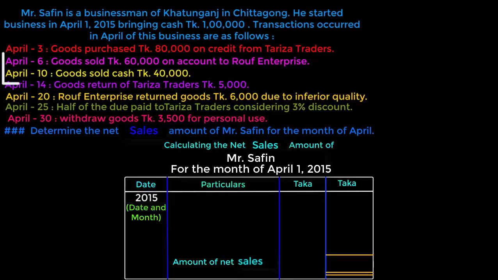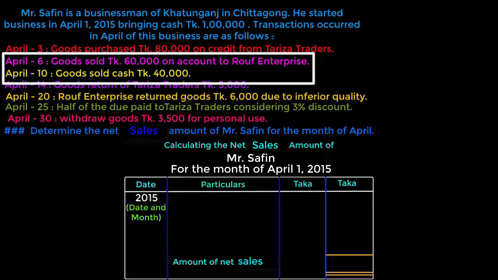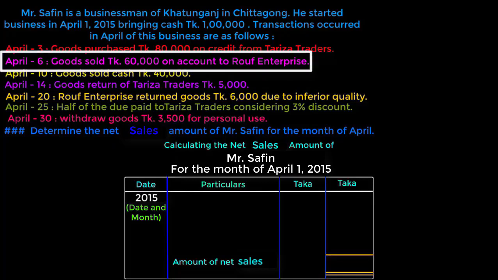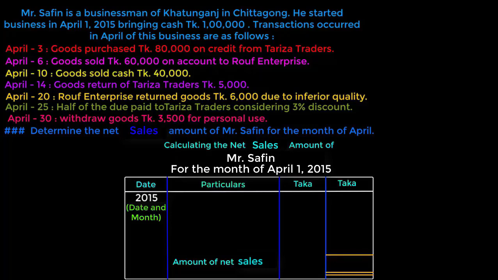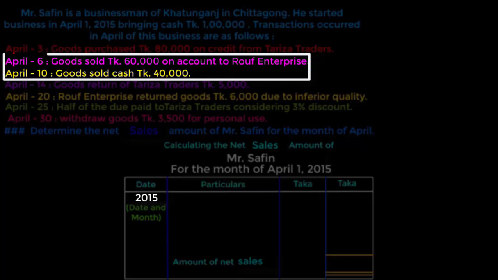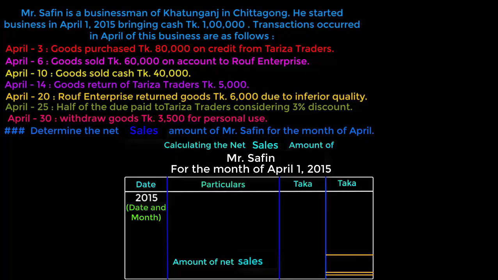Now look at these two transactions. On April 6, goods sold taka 60,000 on account to Rauf Enterprise. And on April 10, goods sold cash taka 40,000. If we add the amount of these two transactions, then we will get total sales.